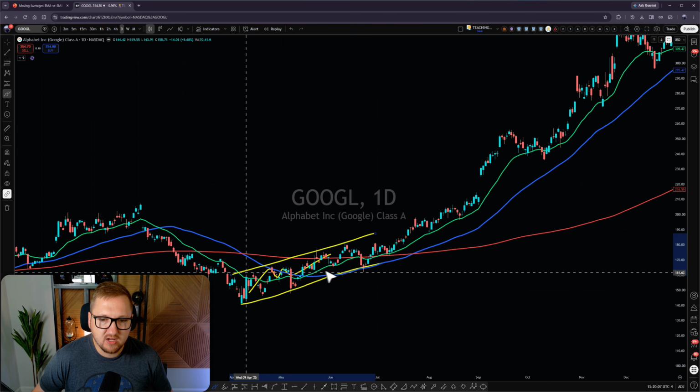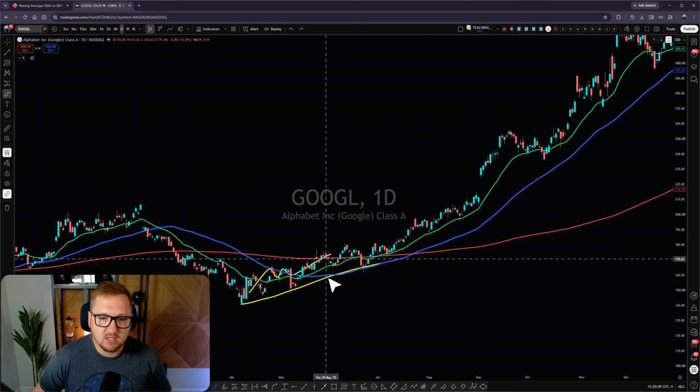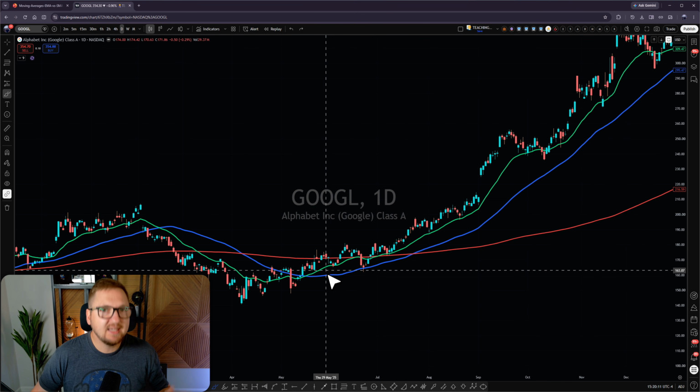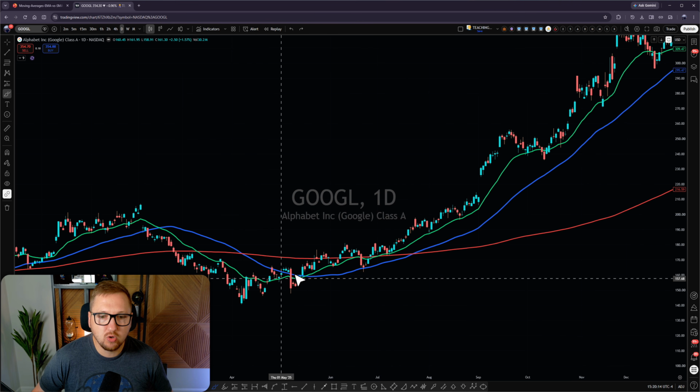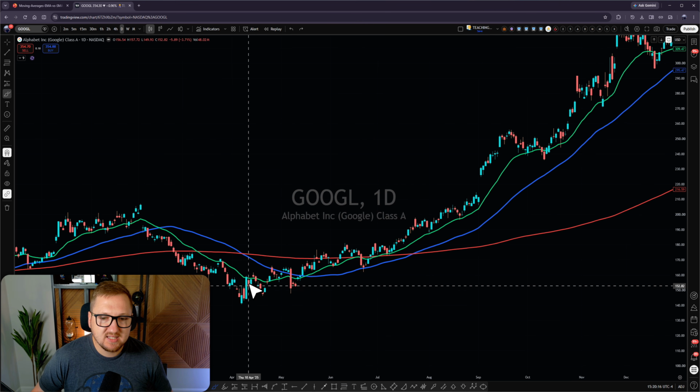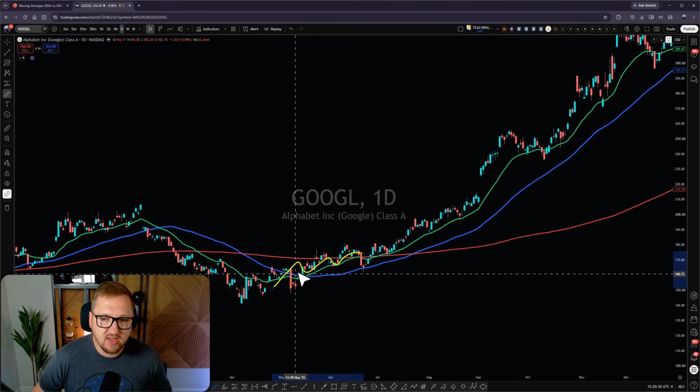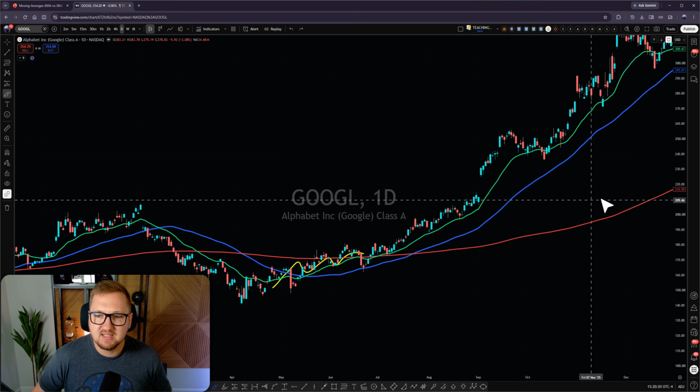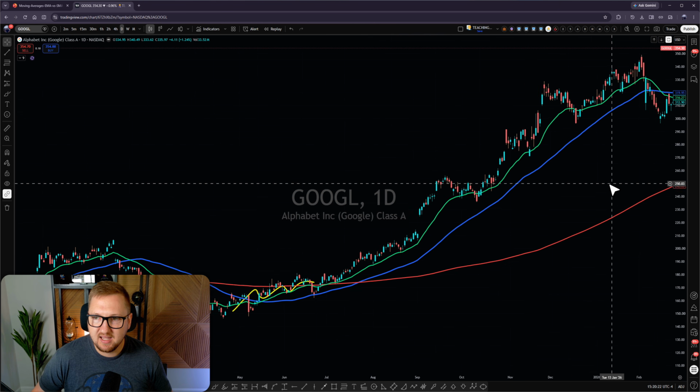And then as of right here, we started an uptrend, and the moving averages are lagging indicators. So they're not going to show you that we're going to start a new uptrend. Price has to do it itself, and then the moving averages follow, because these again are lagging indicators.